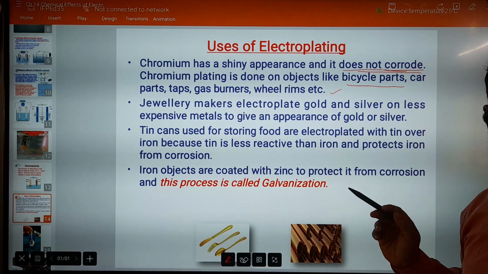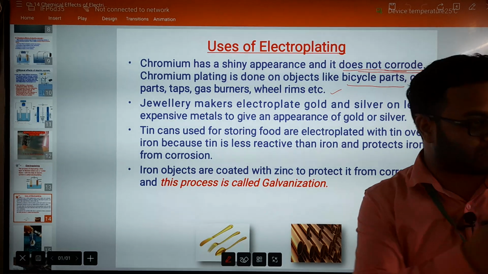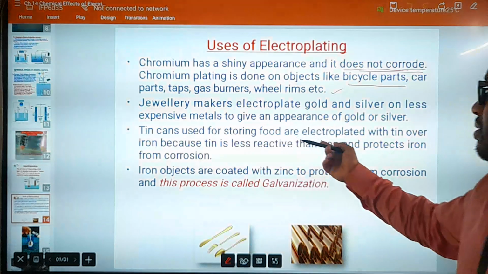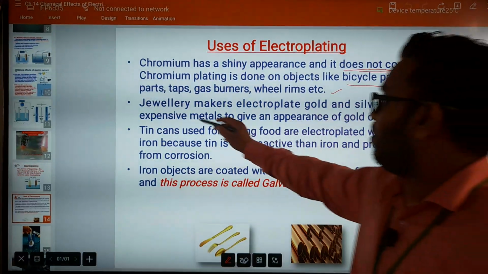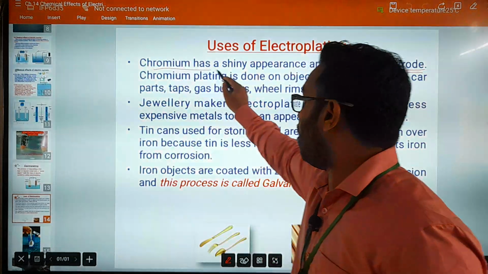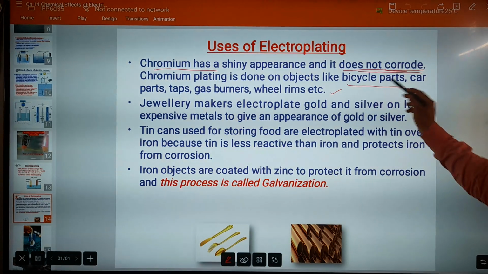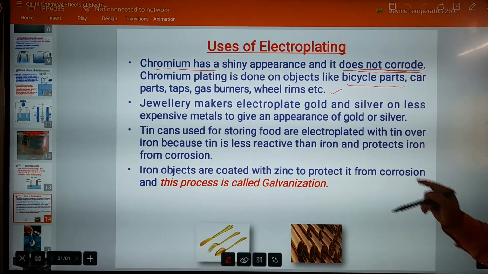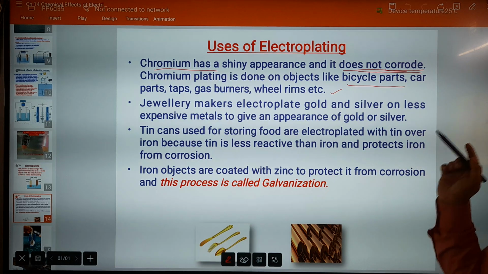Got it? So it will make the material rust free as well as improve the appearance.